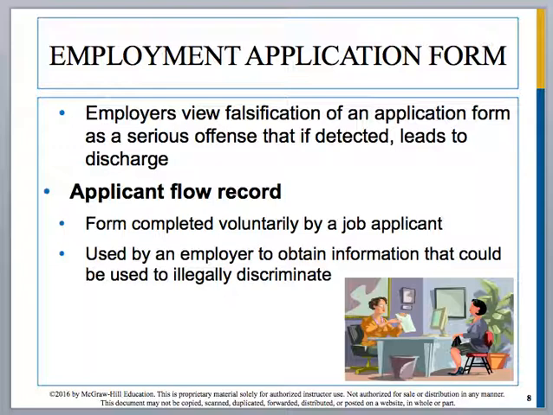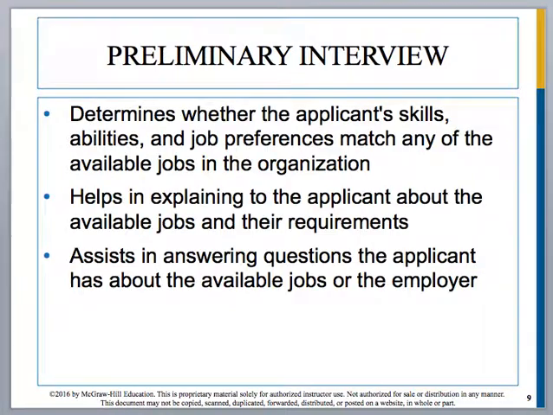And as the employer, you use it to get certain information that could be used to illegally discriminate against that applicant. You heard that right. It's used by an employer to obtain information that could be used to illegally discriminate. Yeah. So read more about that in your textbook.